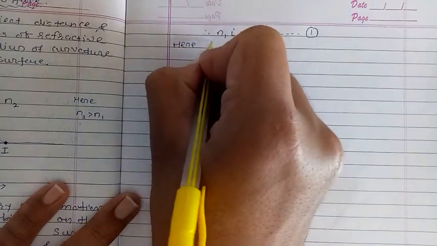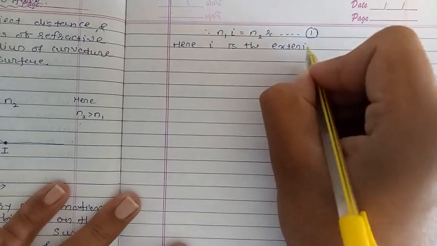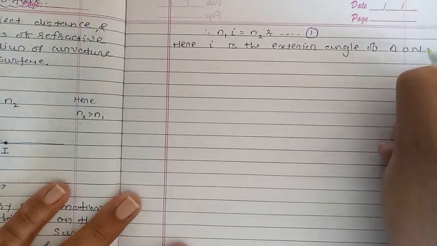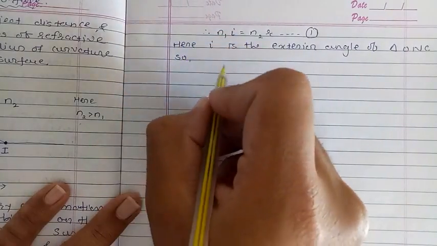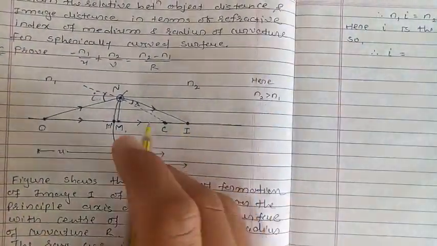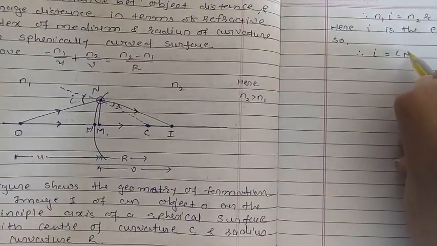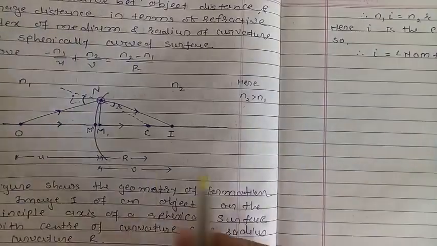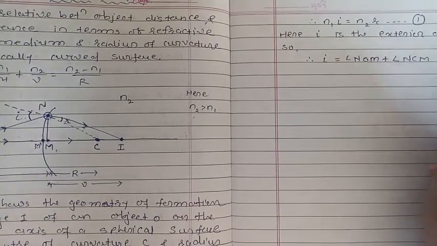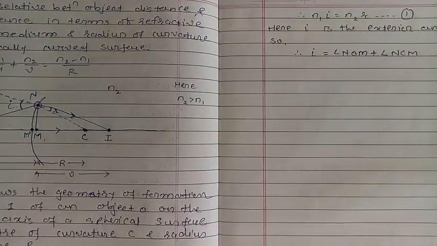Here i is the exterior angle of triangle ONC, so angle i is equal to angle NOM plus angle NCM. So we have to write angle NOM and NCM.